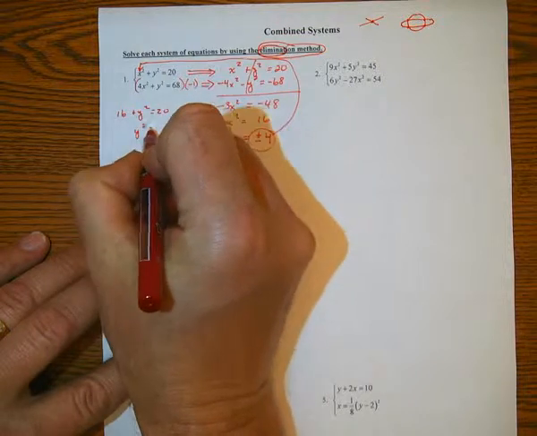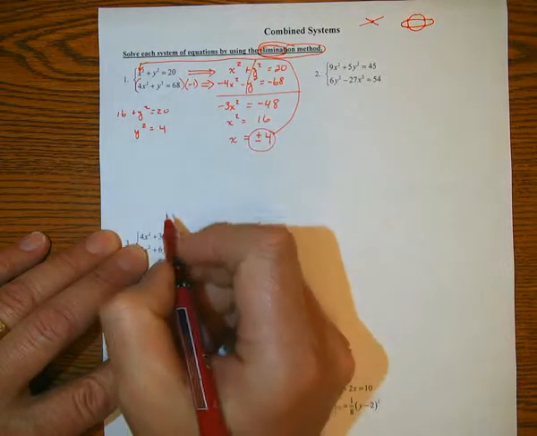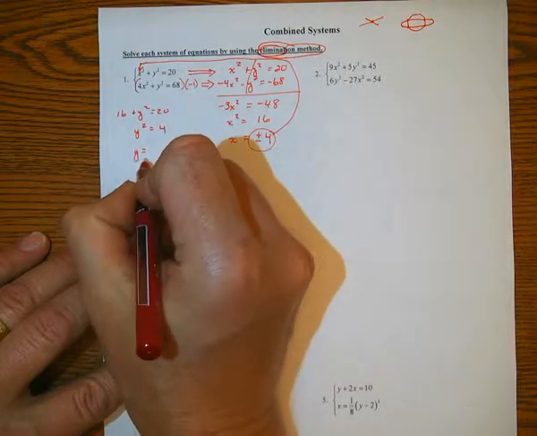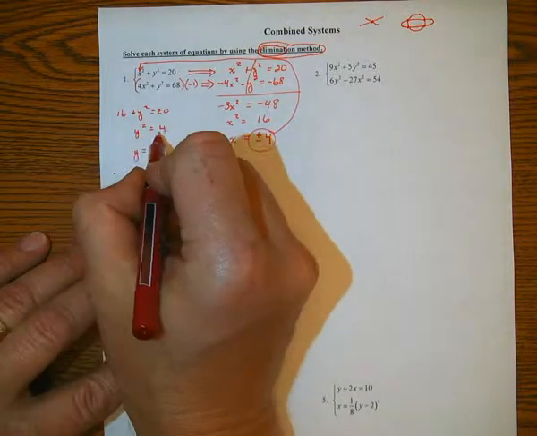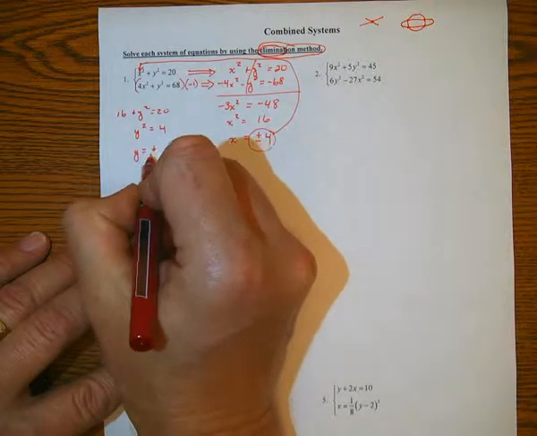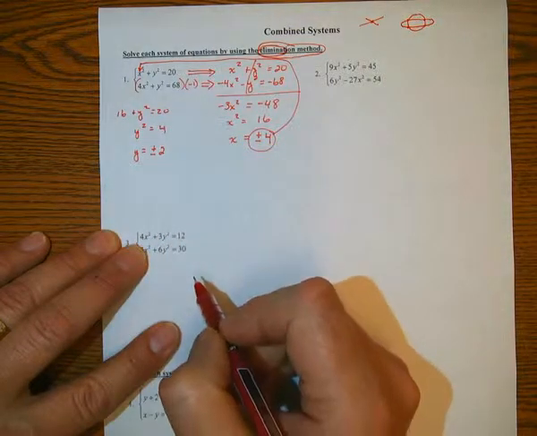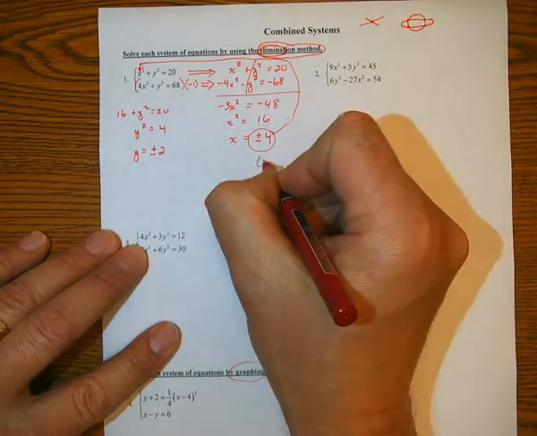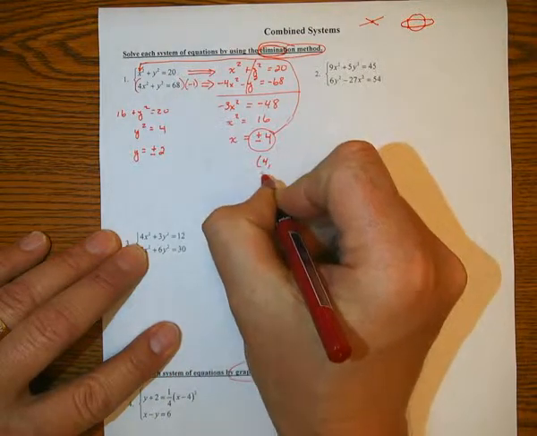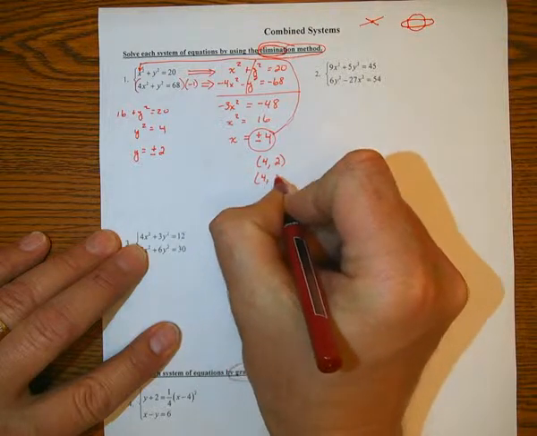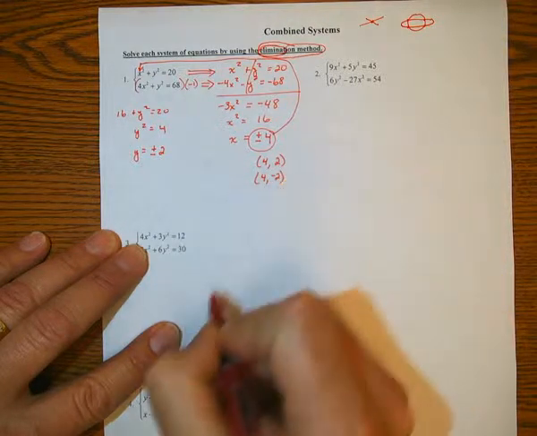Subtract 16 from both sides, which will give you 4, and then take the square root. Now, remember that taking the square root means you will get a plus or minus 2. So whenever x was 4, I could either get a positive 2 or I could get a negative 2.